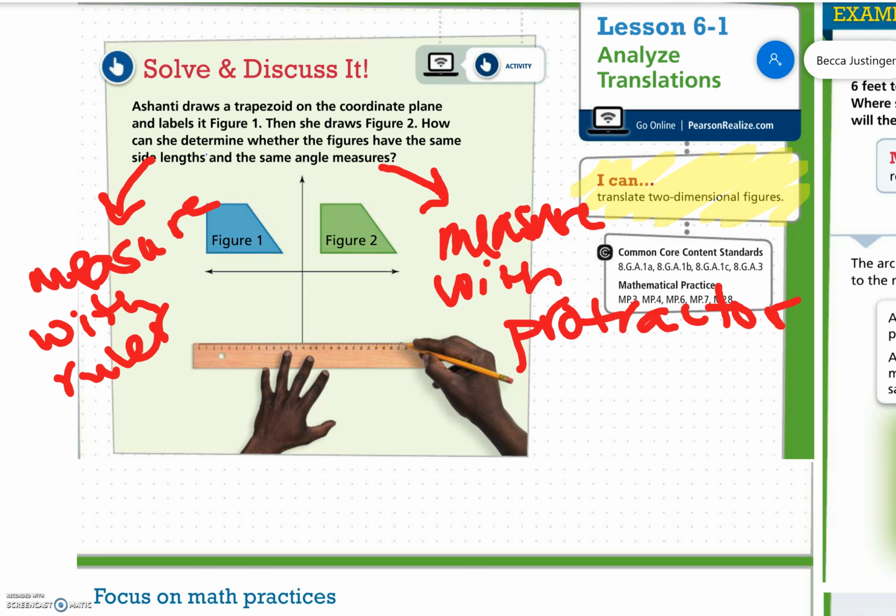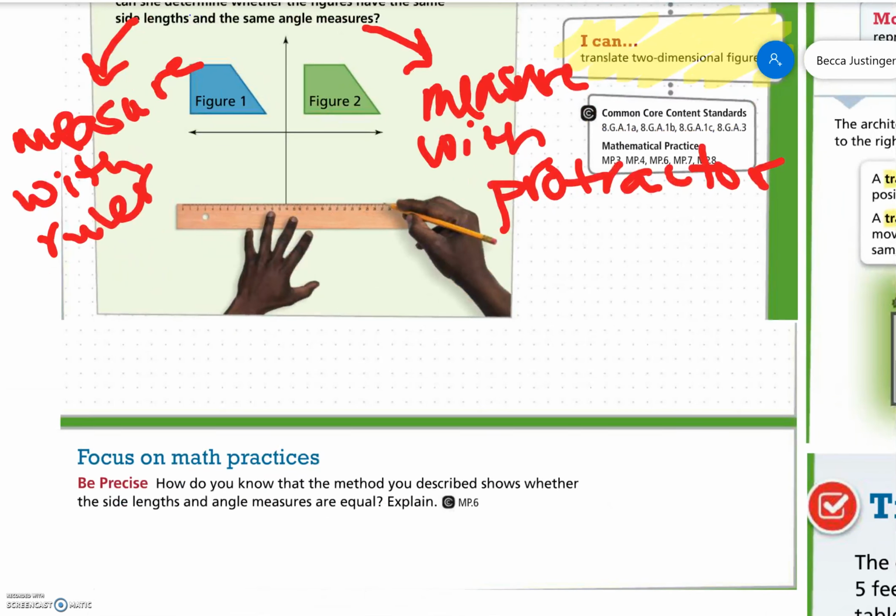All right. Focus on math practices. How do you know that the method you describe shows whether the side lengths and angle measures are equal? Explain. Well, the side lengths and angle measures are equal if they are the same.